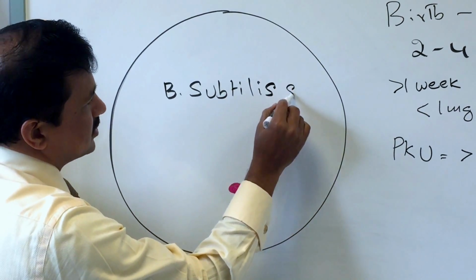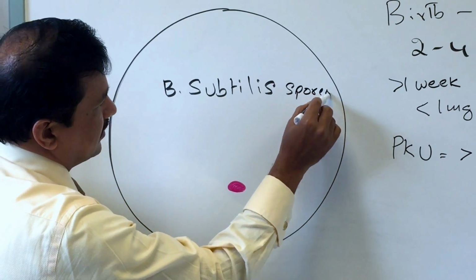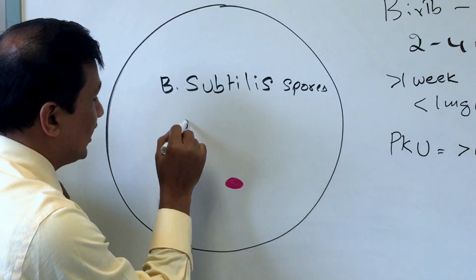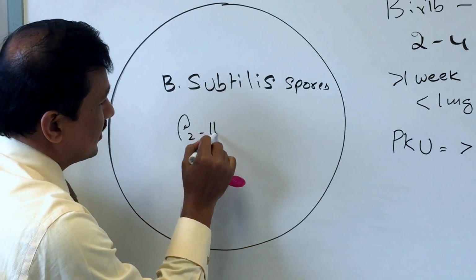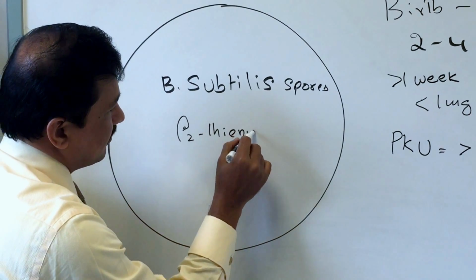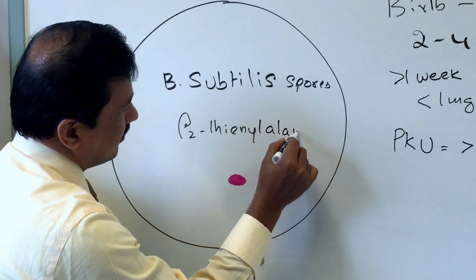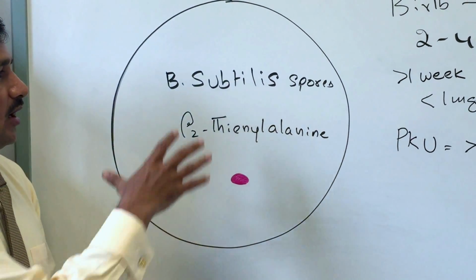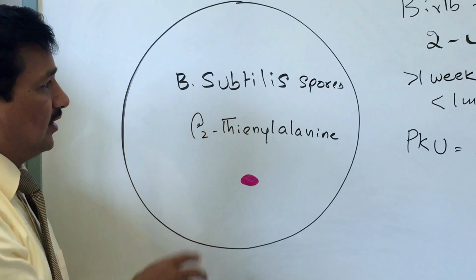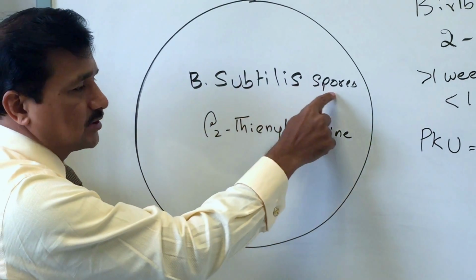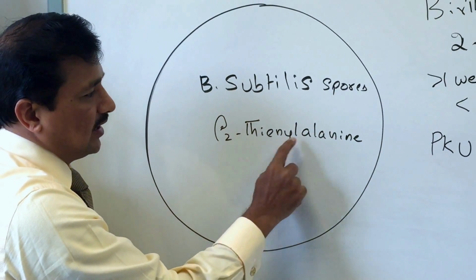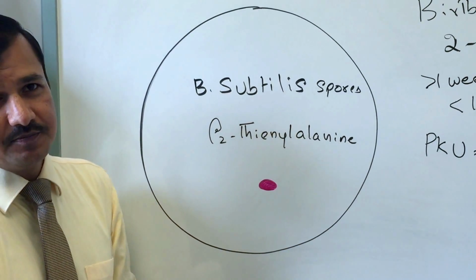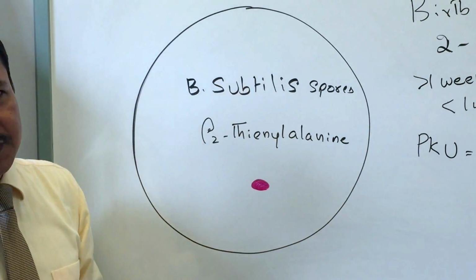Bacillus subtilis spores are taken, and then on this agar media, beta-2-thienylalanine is added. So on the petri dish with the agar media, we have Bacillus subtilis spores, then beta-2-thienylalanine added to that, and then you add the blood sample taken from the baby at the 7th day.